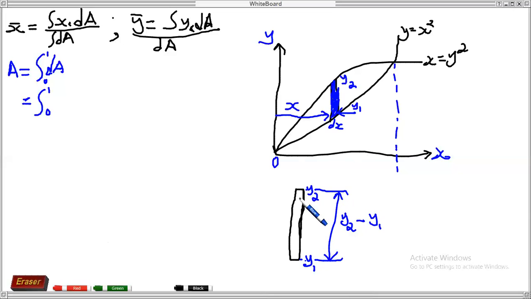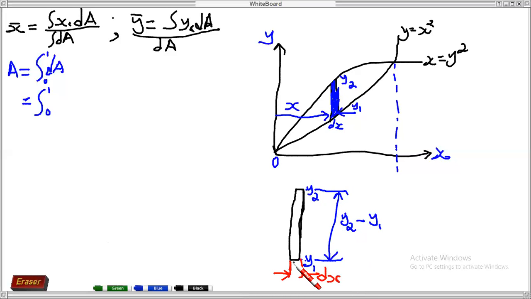While on the other hand, the width should be this small piece. This small piece should be your dx. That small thing should be dx.